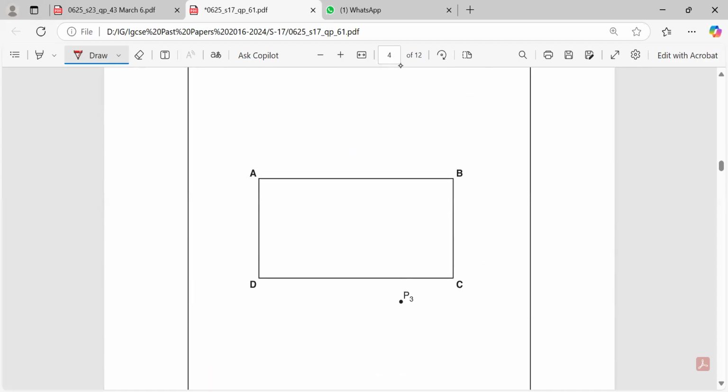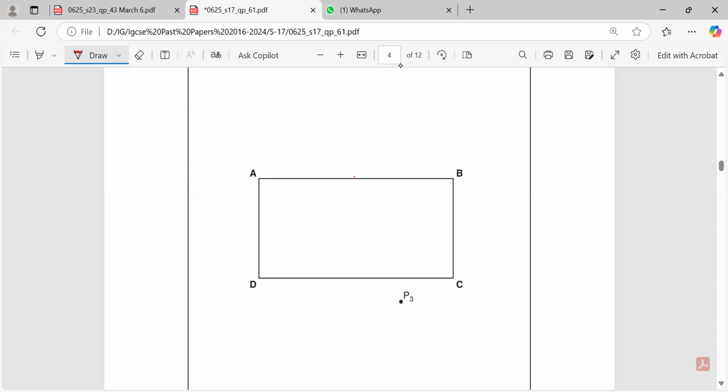Let's go back here. First of all, let's measure the length of this AB side. When I'm measuring it with a ruler, it comes to be 8.2 for me here. So if it is 8.2, then 4.1 is the central point.